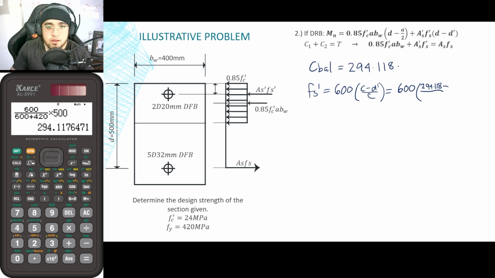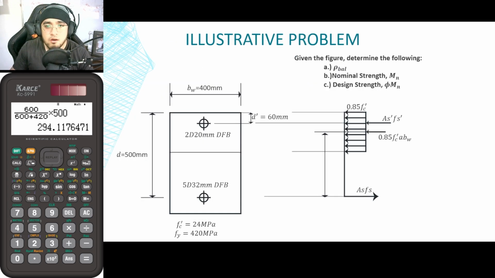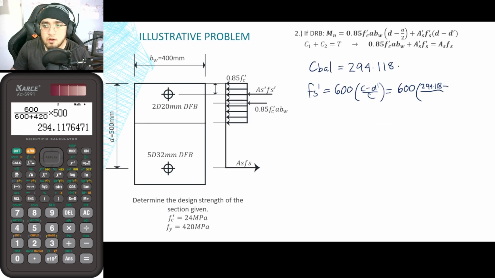So the D prime in our formula, or in our problem I should say, is 60 mm. So that is once again 60 mm. Going back to our solution, this is now equal to 60 mm divided by 294.118.